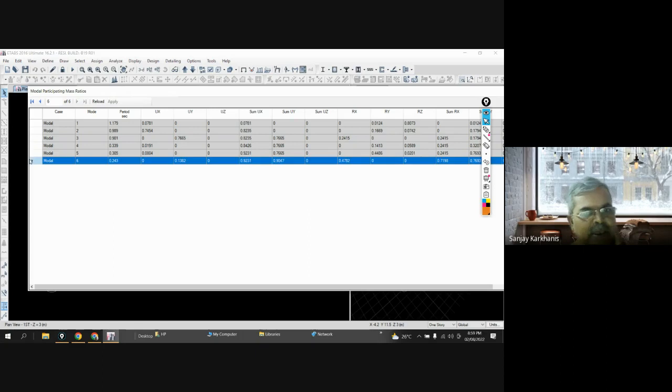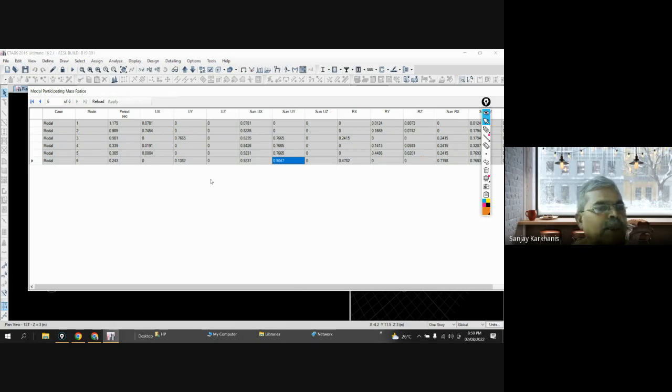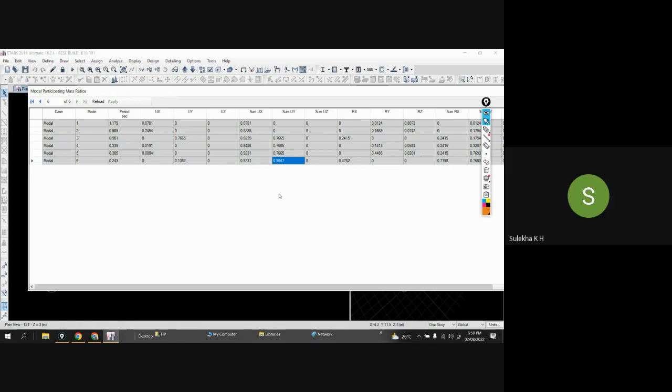And in mode number 6, you can see sum UX has already passed, and here you can see in sum UY 90.4% mass is getting activated. So according to code, you need not worry about mode number 7, 8, 9, etc. Clear? Yes, sir.